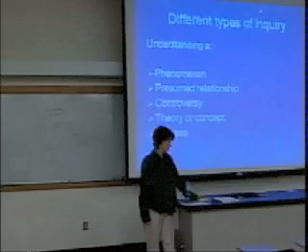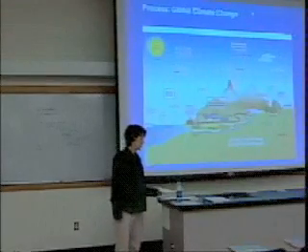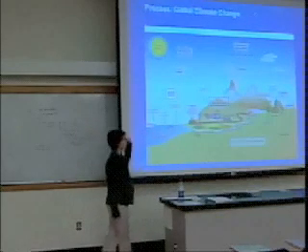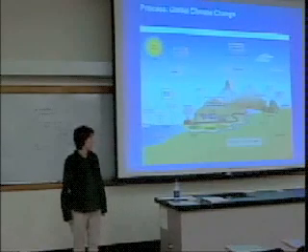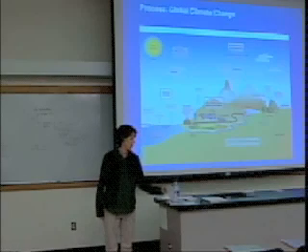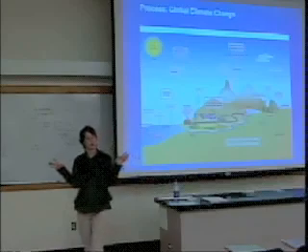Or we might look at the process itself, trying to understand the process of global climate change, the various mechanisms, points along the process that contribute to climate change. Okay, so that's sort of 5 different types, and it's not an exhaustive list.